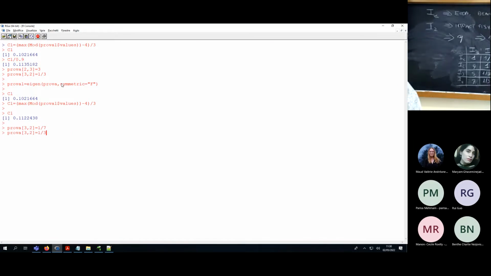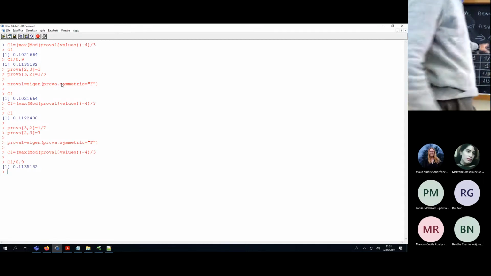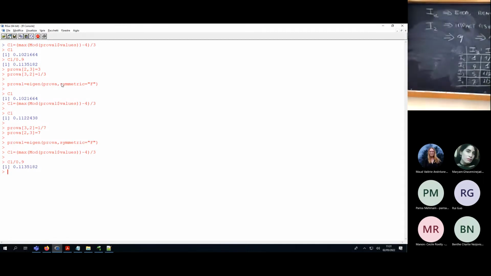I'm going very fast because I'm making the checks, okay? And then C1 divided by 0.9. No, more or less it doesn't change much. So it is not really this one that matters. Probably we should work on the other, but let's forget about it.